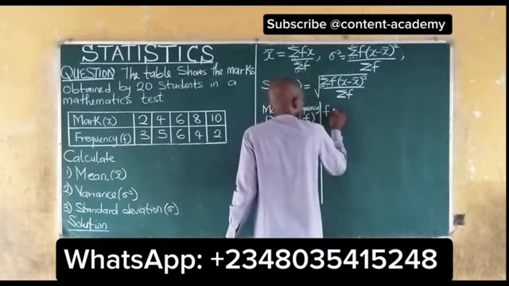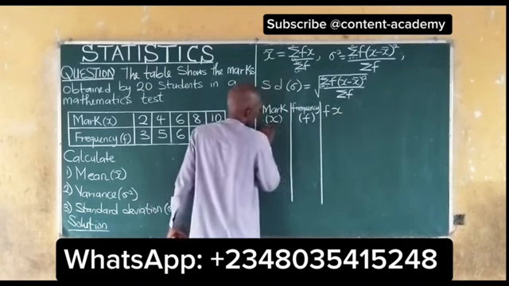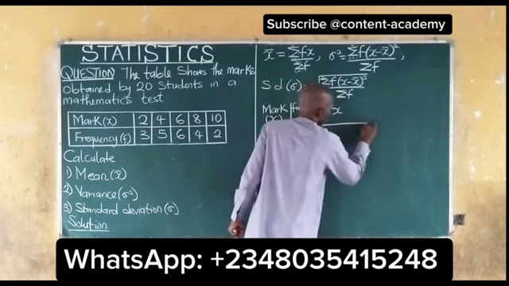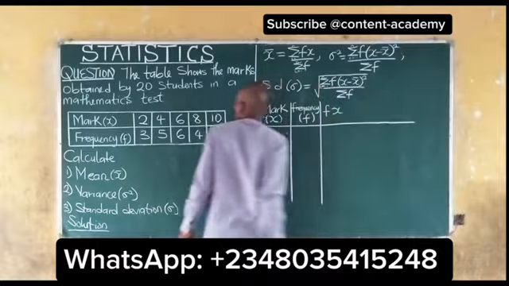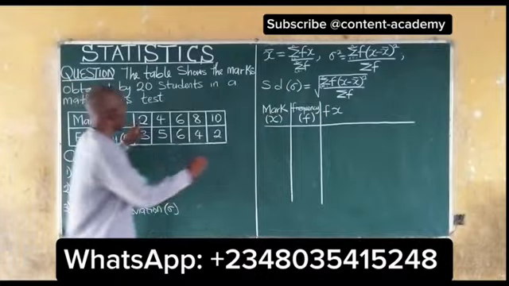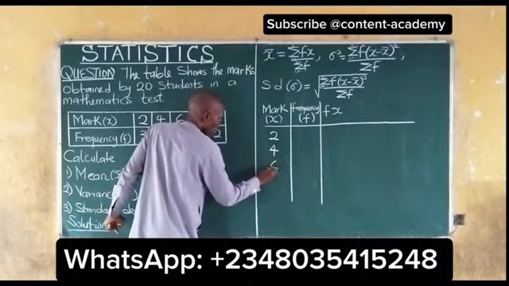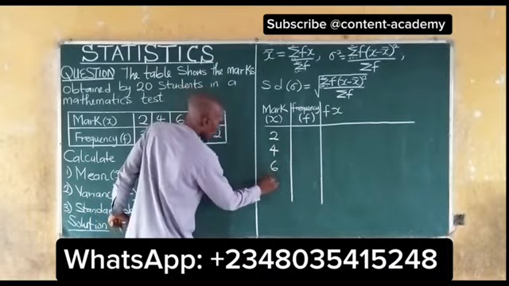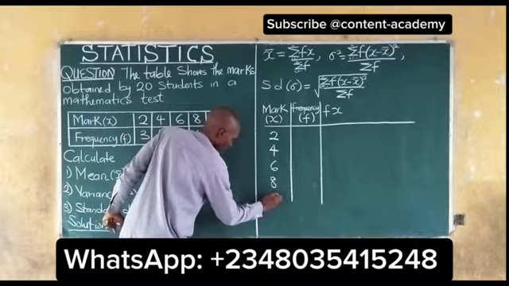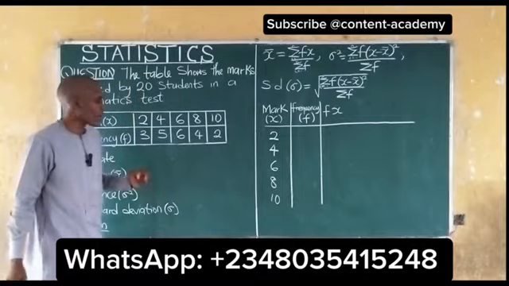The next thing we'll get is f of x. Now we have our marks, which is x. The values for x are 2, 4, 6, 8, and 10.